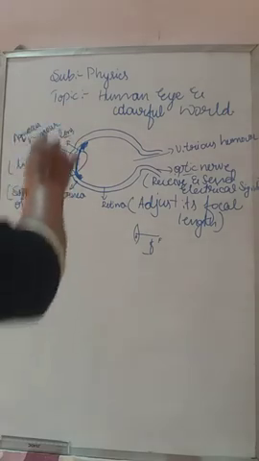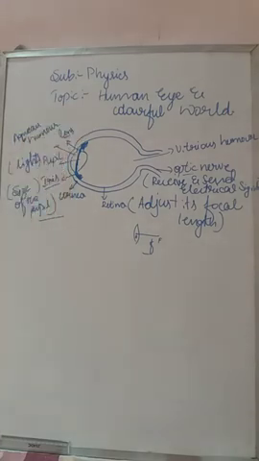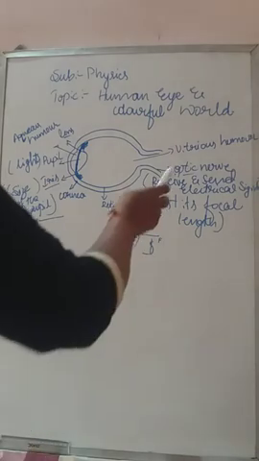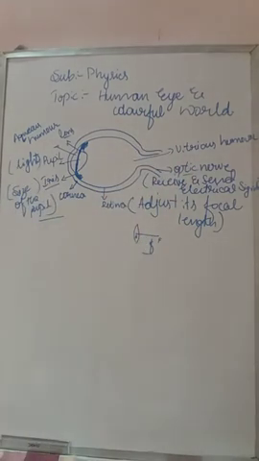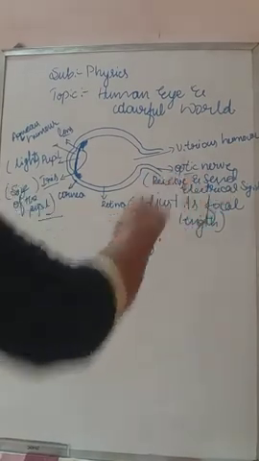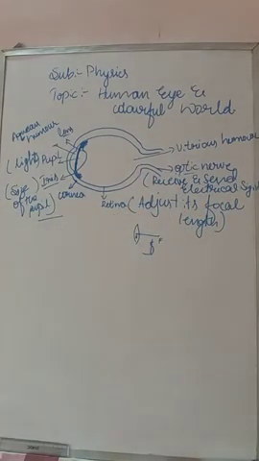And the next is the lens. Without the lens we can't see a clear image. To see a clear image, the lens is very important. The next thing is the optic nerve. What is the work of the optic nerve? Optic nerves help to receive and send electrical signals between the brain and other organs.